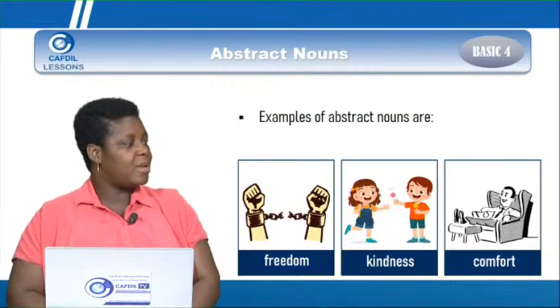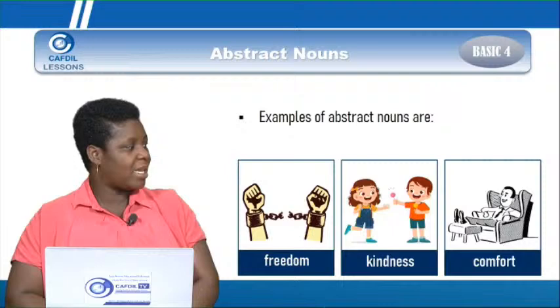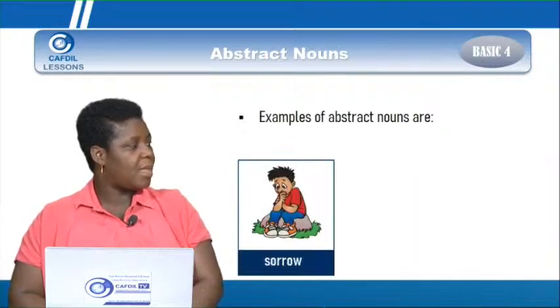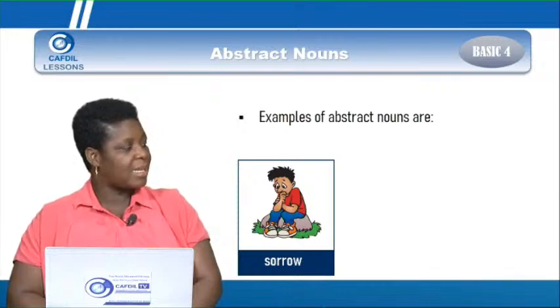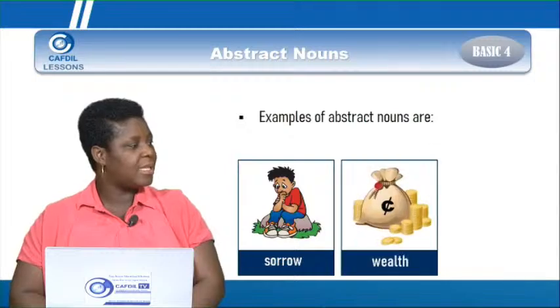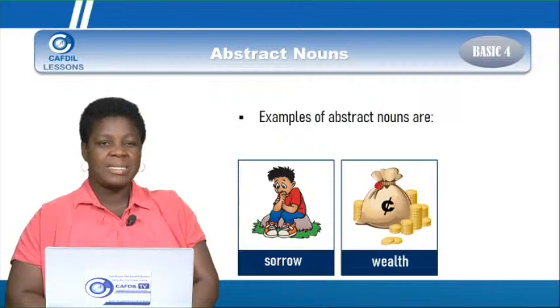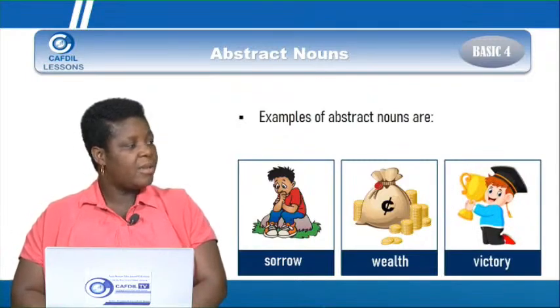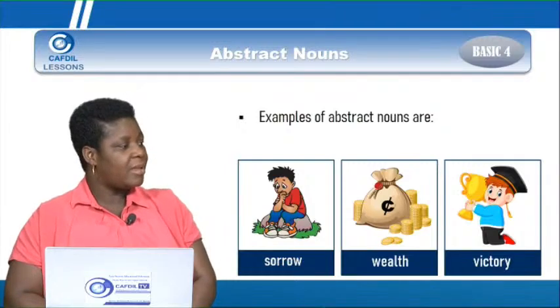Comfort is also an abstract noun. Sorrow is an abstract noun. Wealth is something that cannot be seen or touched. Victory.